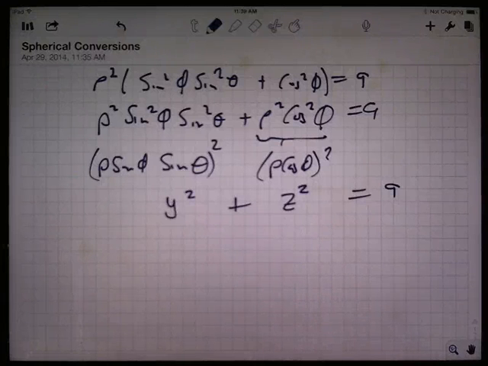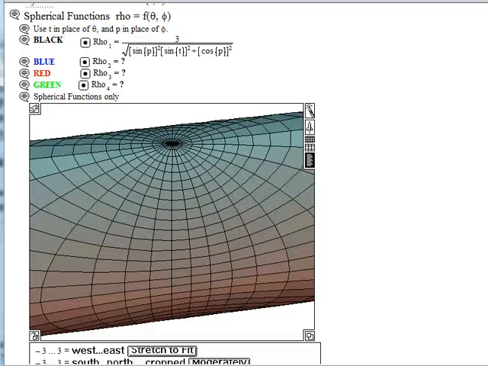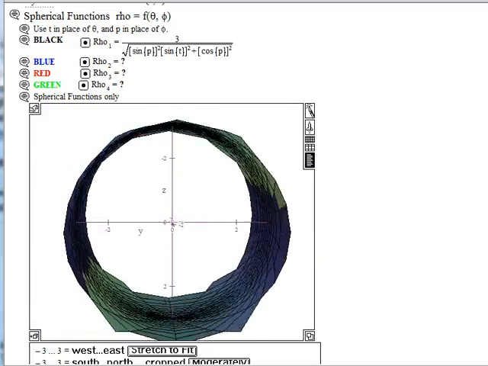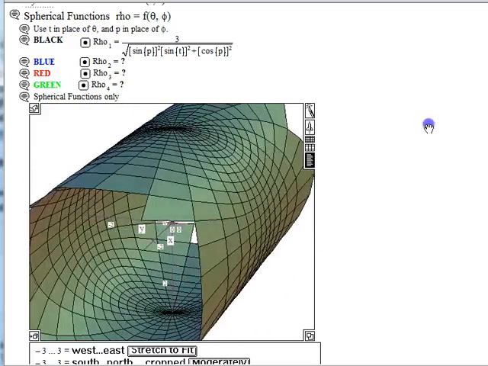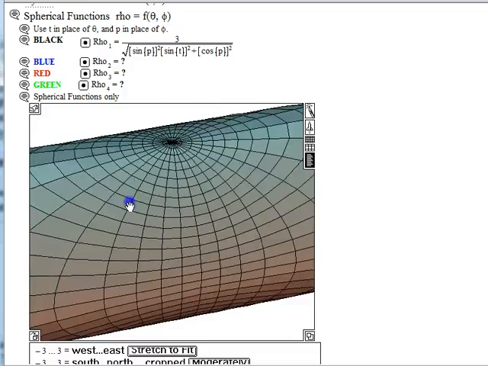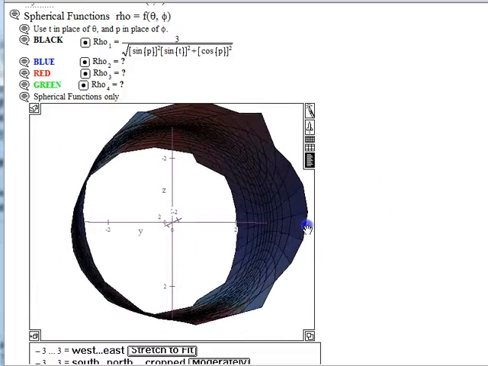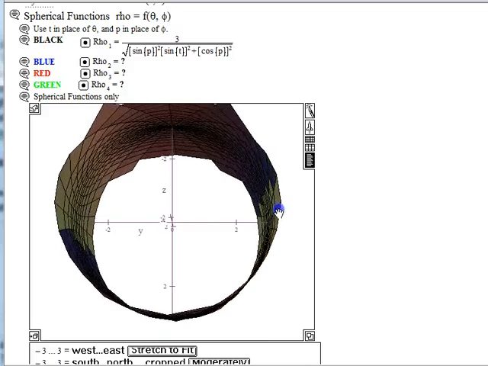In fact, I got curious on this, and so I'm going to plot this. I solved for rho, so I divided by that stuff, took the square root, and ended up with this thing here, and the graph looks like this, and sure enough, that looks like a cylinder, parallel to the x-axis, in fact with the x-axis right down the center.